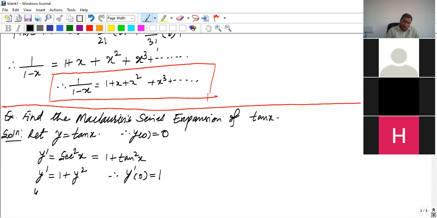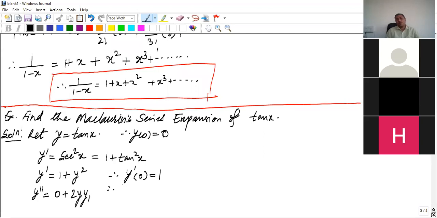Now differentiate this. y double dash is equal to, what is the derivative of this 1? It will be 0. What about this y square? It is going to be 2y y dash.